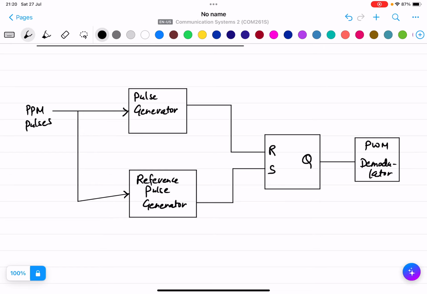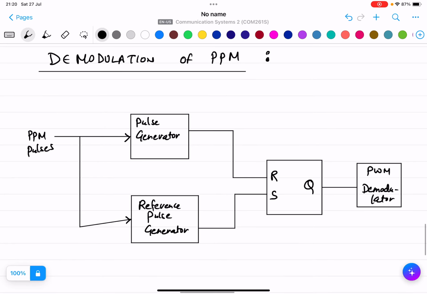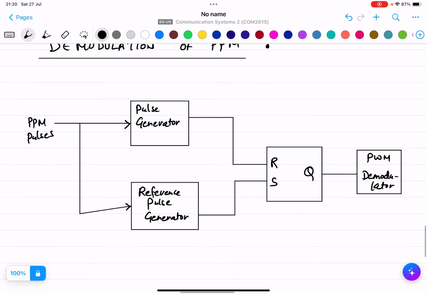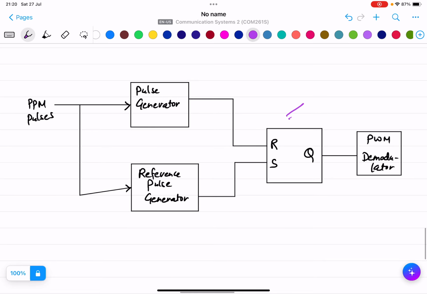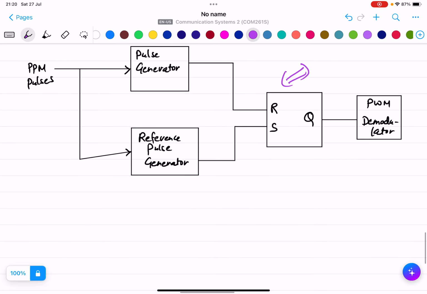For demodulation of PPM, basically I need the main modulating signal, the message signal. In this case we are using this flip-flop. This is an SR flip-flop, which you will study in your digital systems.